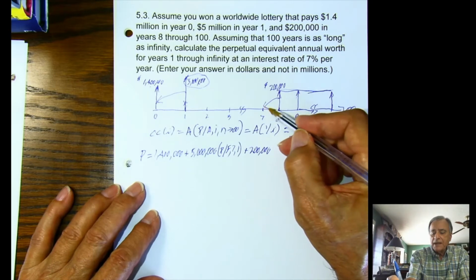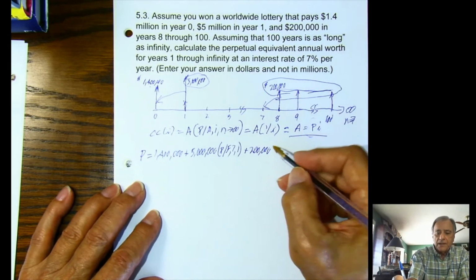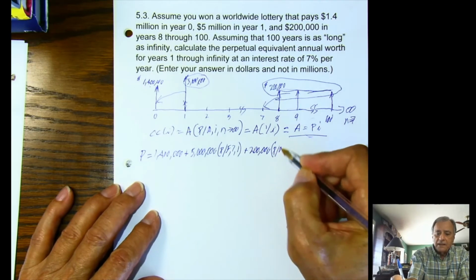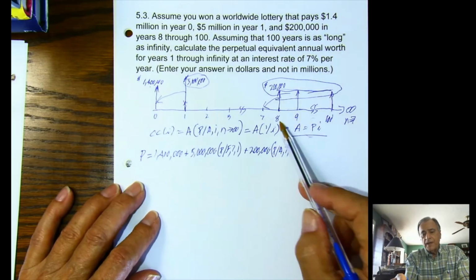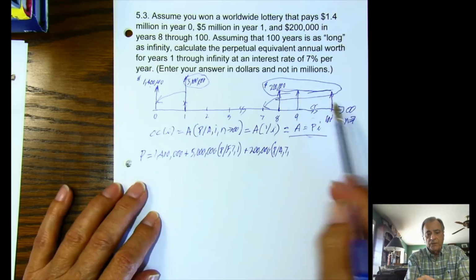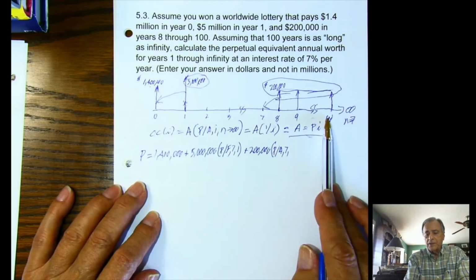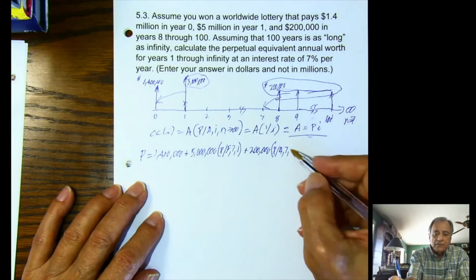So P given A, 7%. Now, how many of them are there? They go from 8 to 100. So there's one for every one of the years from 1 to 100 except the first 7 years. So there's 93 of them.